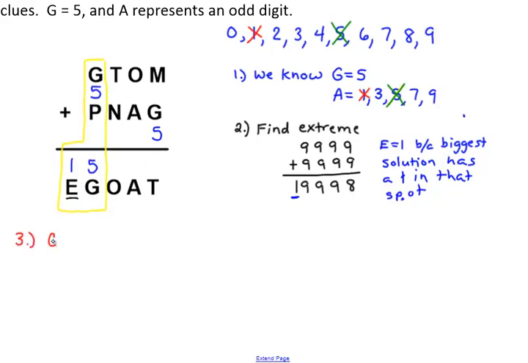We know that G, which is 5, plus P, must equal 15. Because the only way we're going to get 15 is if P equals 10, right? Well, P can't equal 10, so P must equal something smaller than 10, plus a remainder.